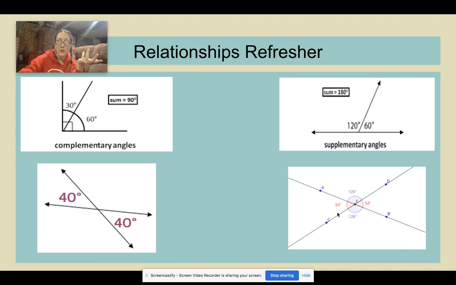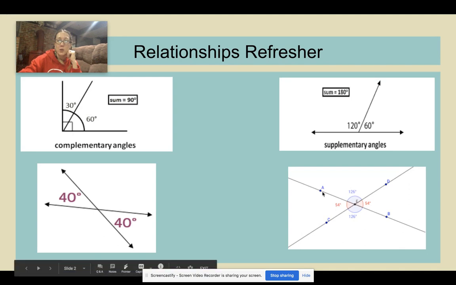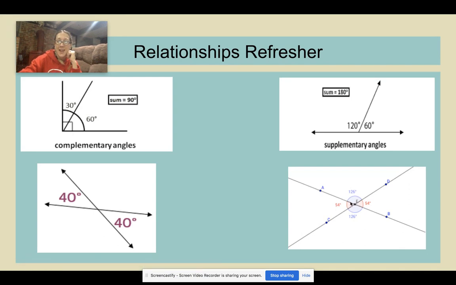It adds to 180 because it forms this beautiful straight line when you put angle AEC, this 54-degree angle, and angle AED, this 126, together. So you might see where supplementary and vertical kind of meld into one.